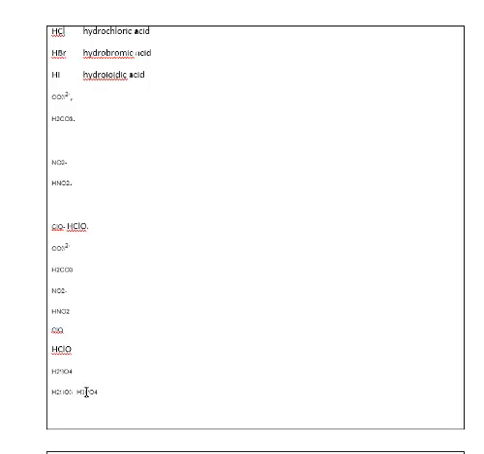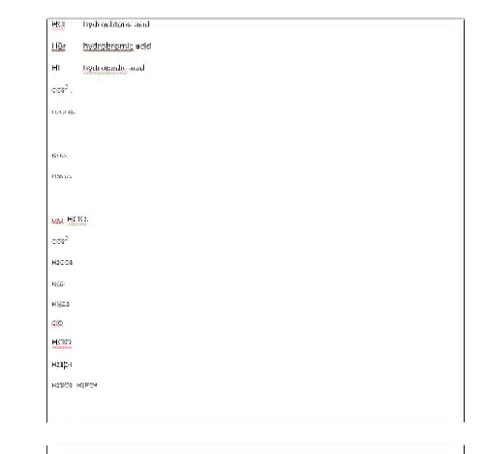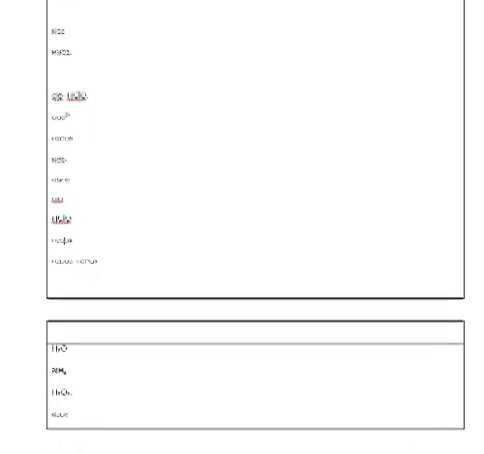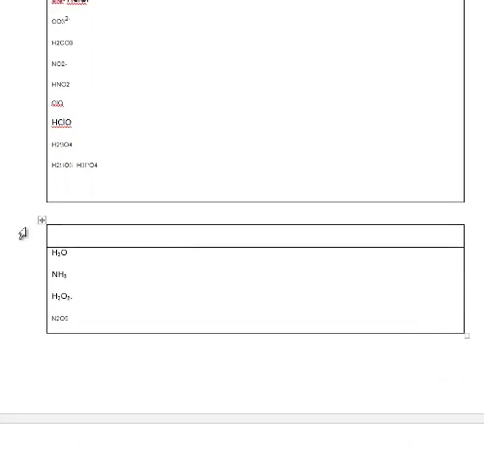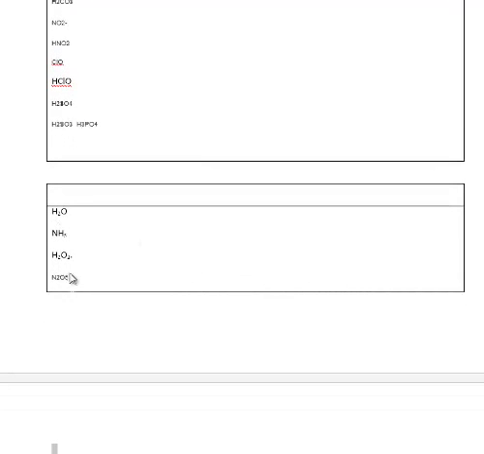Capital H, subscript 3, capital P, capital O, subscript 4. H2O, NH3, H2O2, N2O5. So as someone is reading these, they'll be able to see that these numbers are subscripts.